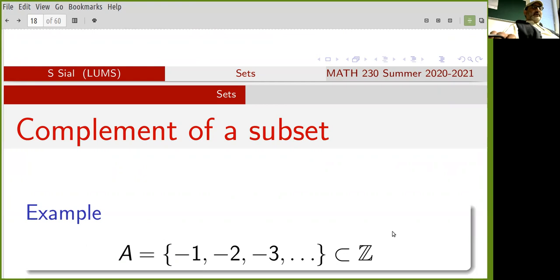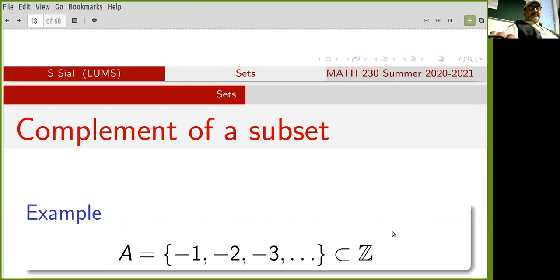So what is the complement of A with respect to Z? It is all the elements of Z which are not in A. Everything which is in Z but outside of A, that's the set we're looking for.